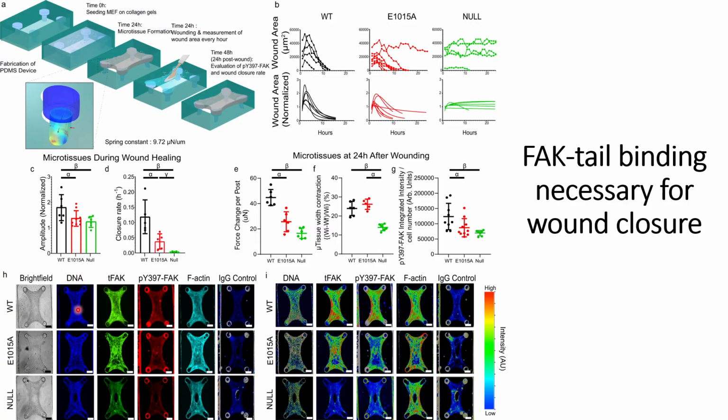That is, for the DNA we can see that, and for the TFAK you can see the intensities are higher for the wild type, then it goes down for the mutated, and it is minimum for the case where no FAKs are there. And the activation also follows the same trend, and similarly the effectins also follow the same trend.